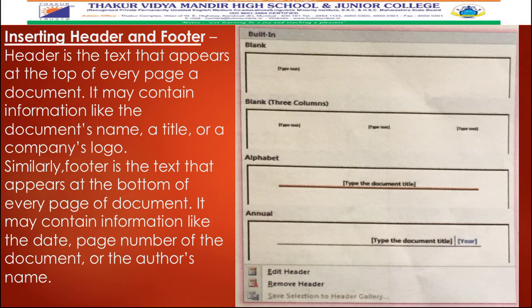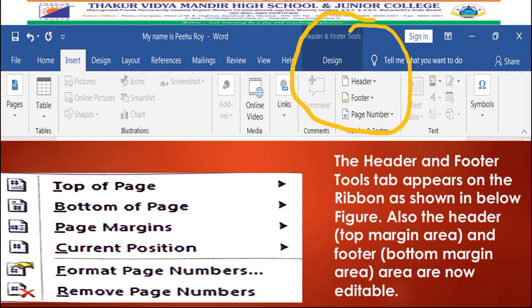The header and the footer tab appears on the ribbon which you can see in the picture. Also the header, which is the top margin area, and the footer, which is the bottom margin area, are now editable. So you can edit accordingly however you want.